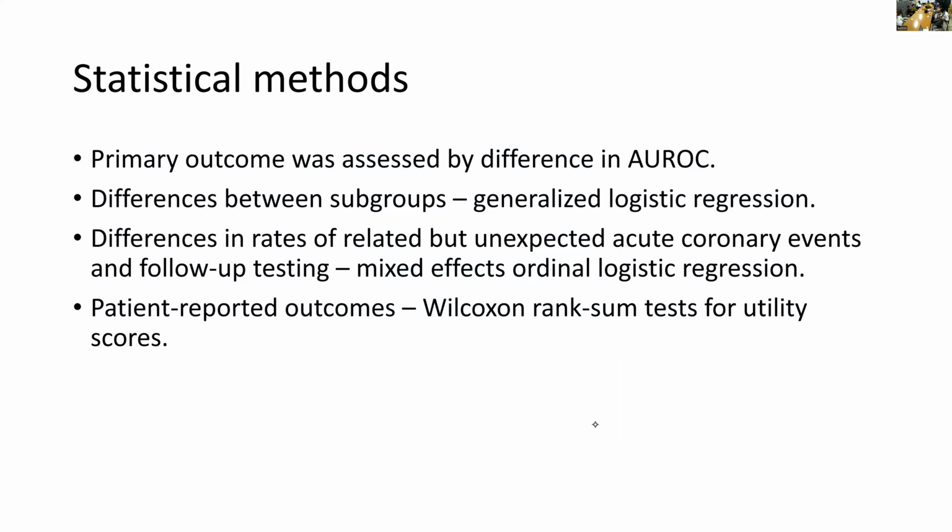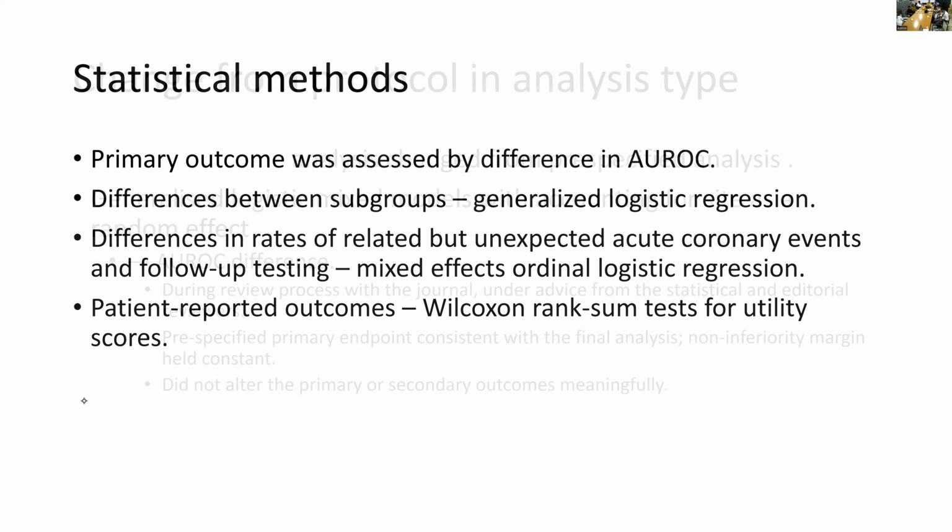And the AI augmented decision pathway: yes or no, can it distinguish coronary artery disease? Then between subgroups, they use logistic regression. For related but unexpected ACS and follow-up testing, which were our secondary outcomes, they used mixed effects ordinal logistic regression, and for patient-reported outcomes, the Wilcoxon rank sum test.